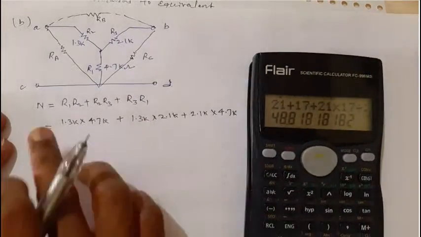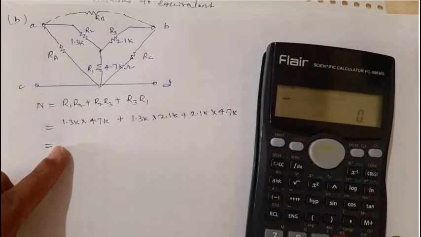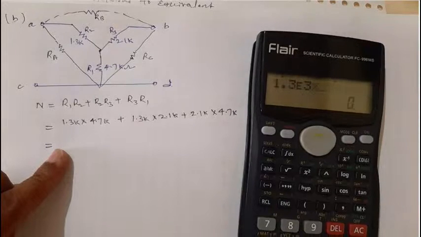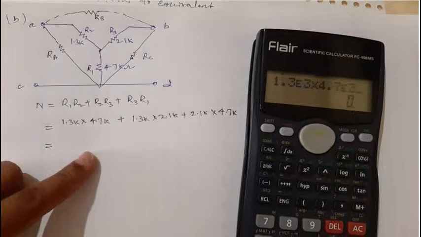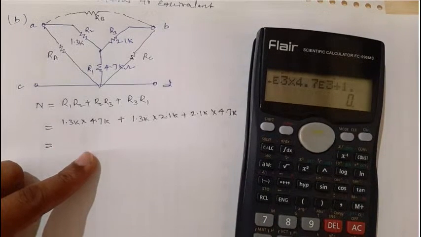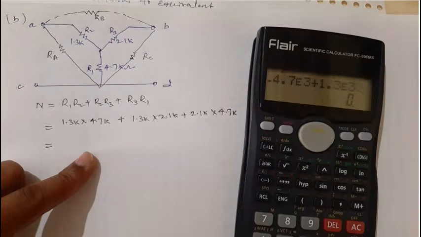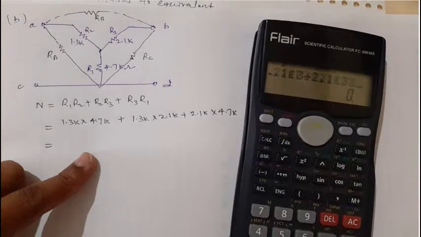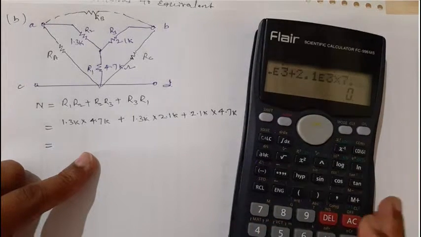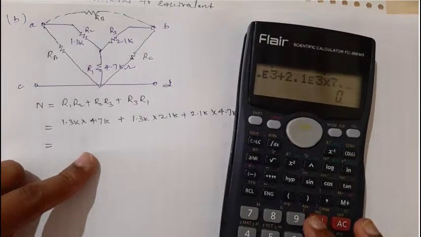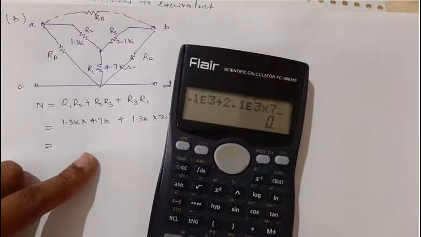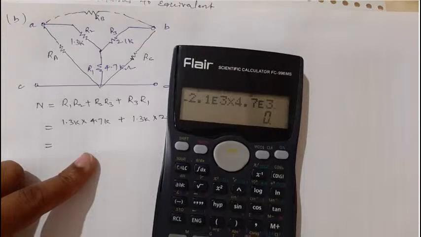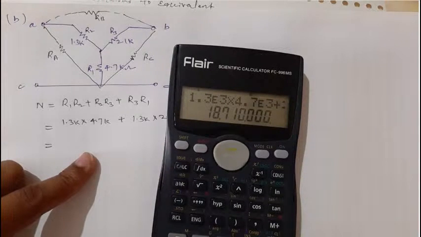We are calculating this numerator. So let me calculate 1.3 K into 4.7 K plus 1.3 K into 2.1 K plus 2.1 K into 4.7 K, right?